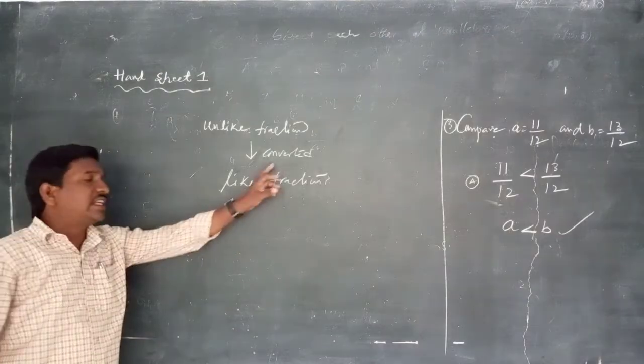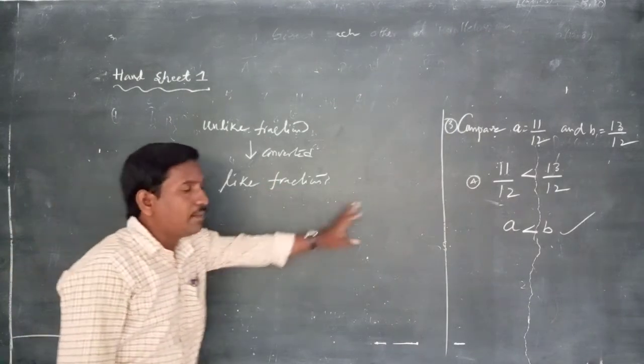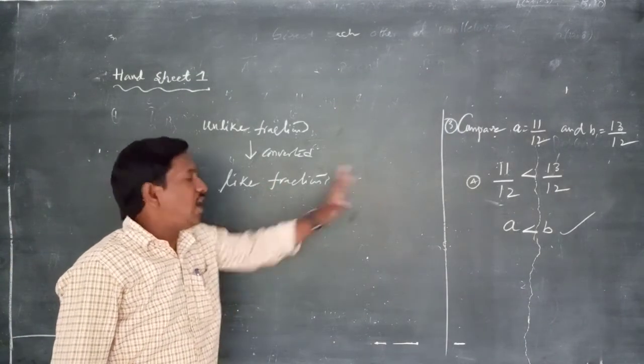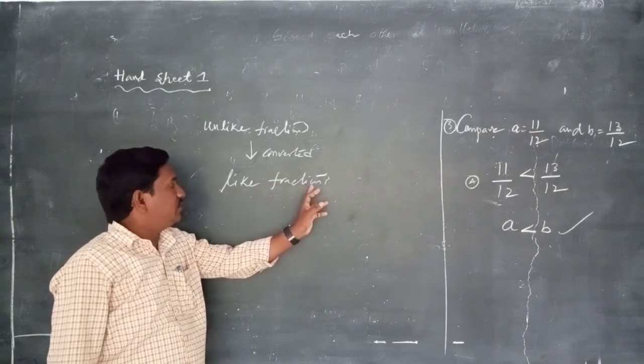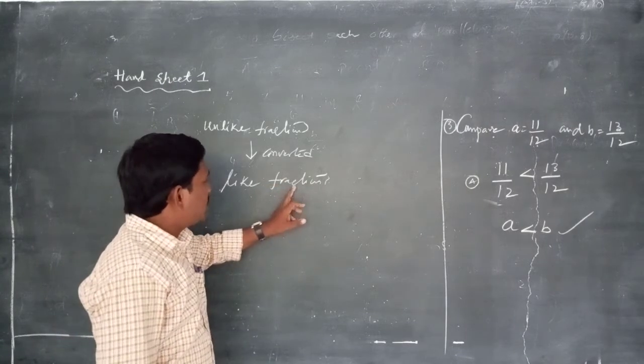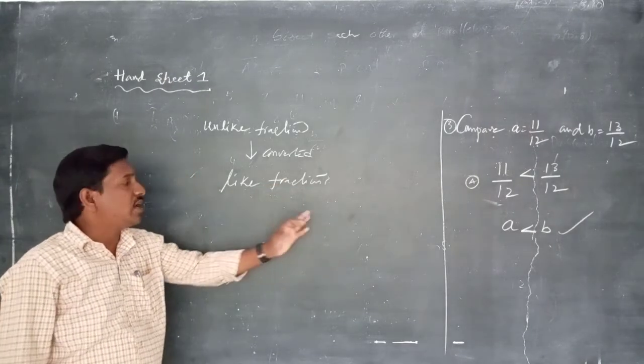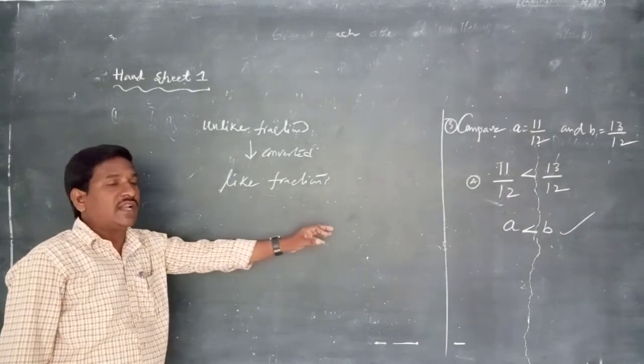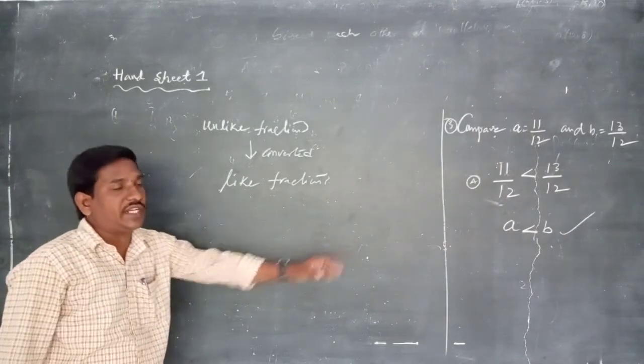After converting to like fractions, the comparison is very easy. We have to compare the numerators. Why? Because denominators are equal. So we can easily compare the numerators.